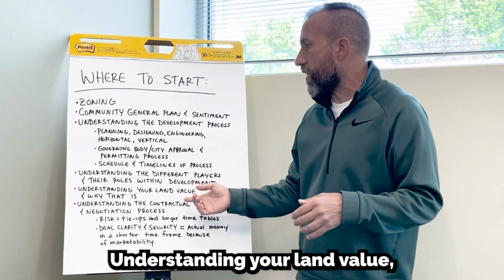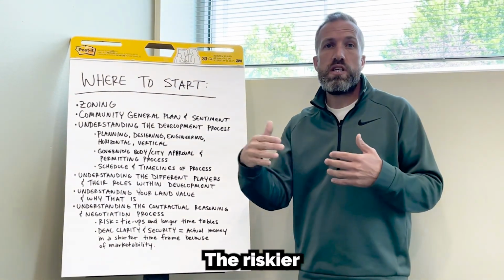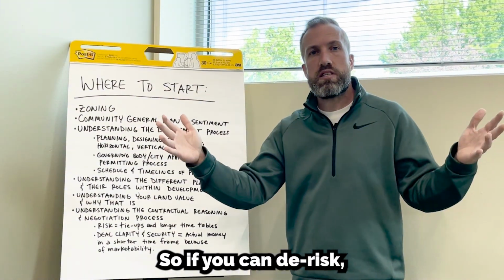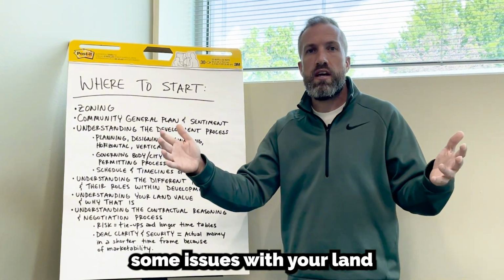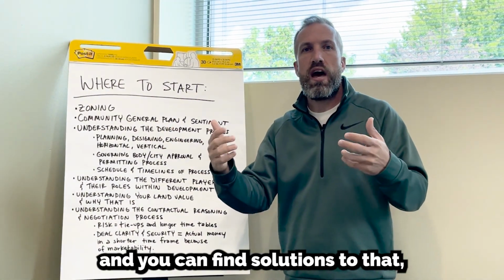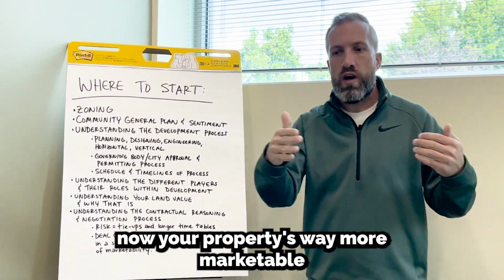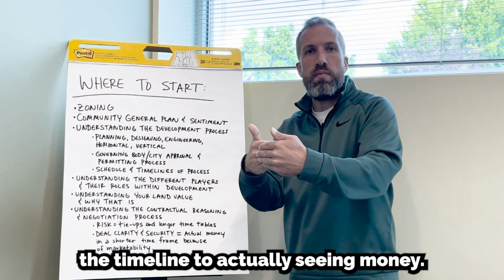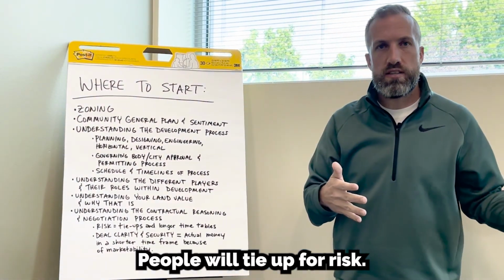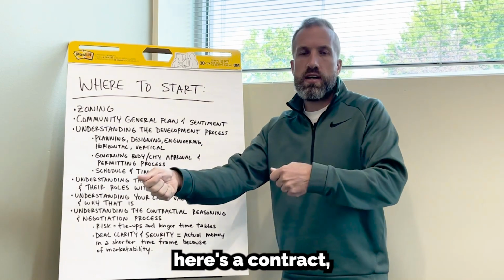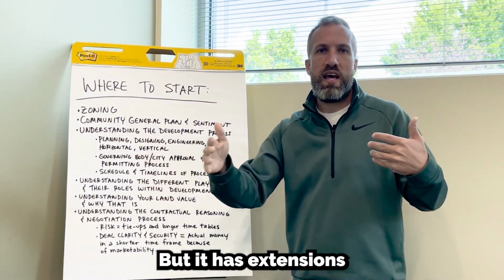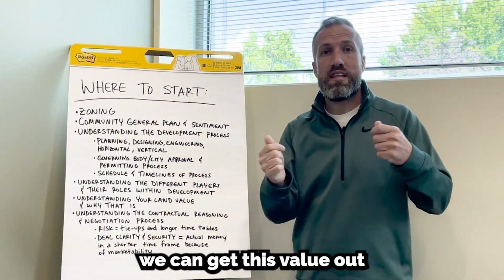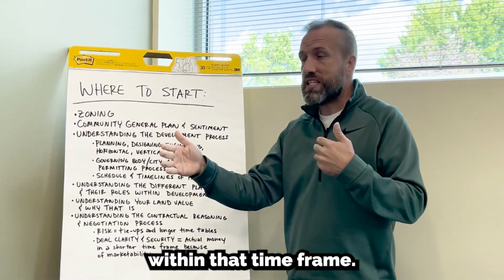Understanding your land value, we kind of talked to that. And the riskier your land is, the more you're going to take a hit on that. So if you can de-risk some issues with your land and find solutions to that, now your property is way more marketable and you've shortened the timeline to actually seeing money. People will tie up for risk. They'll say, well, here's a contract, here's our timeline, but it has extensions and it's contingent upon whether or not we can get this value within that time frame.